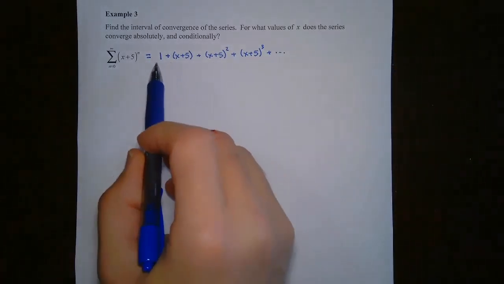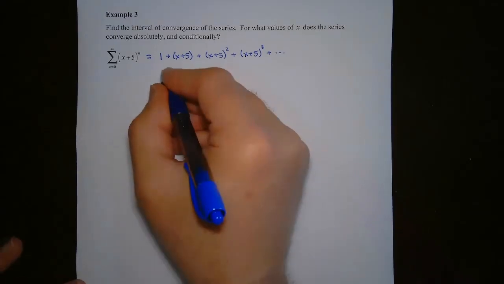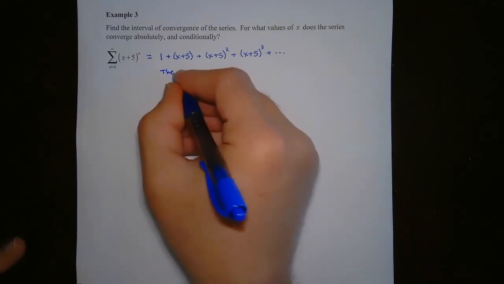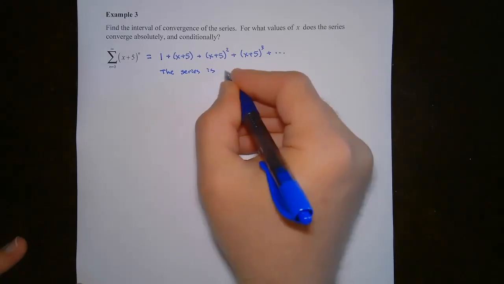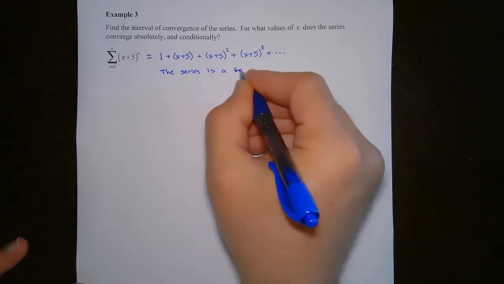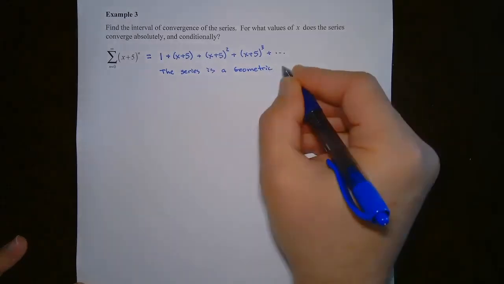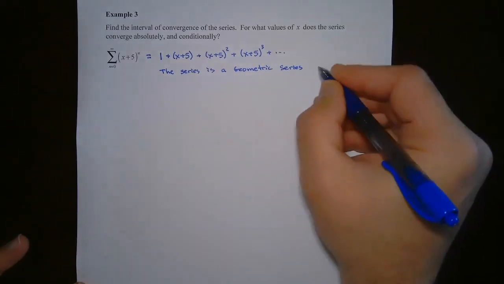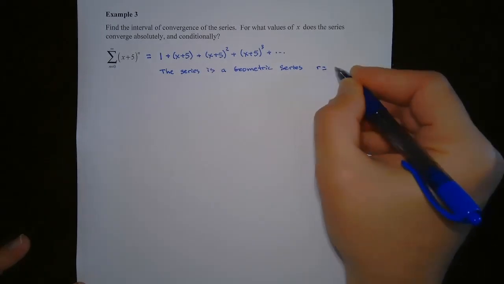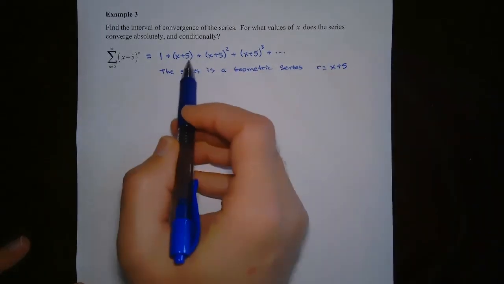Now, if you notice what this is, it's a geometric series. So the series is a geometric series, and our r is equal to x plus 5, because that's what we're multiplying by each time.